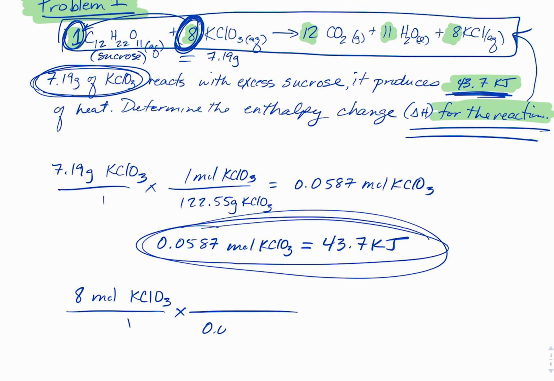We know for every 0.0587 moles of KClO3, that makes 43.7 kilojoules. And so we can just do our math fairly quickly.